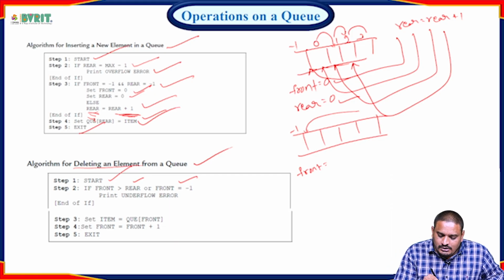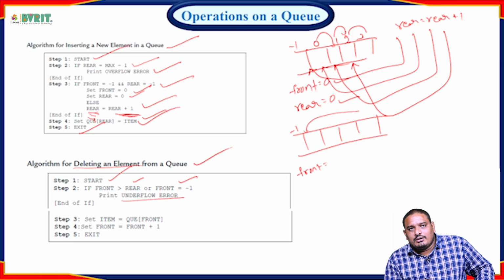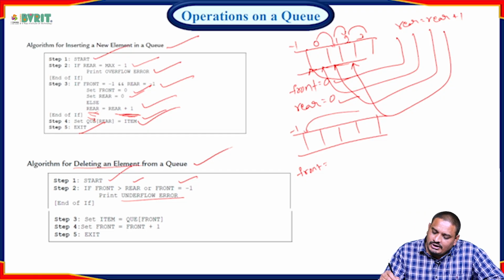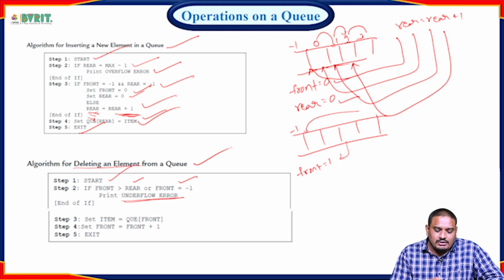At that time, the output will be underflow error. That means there are no elements in that queue. We are performing the front operation. It is not possible to delete elements from the queue. At that time, underflow error.